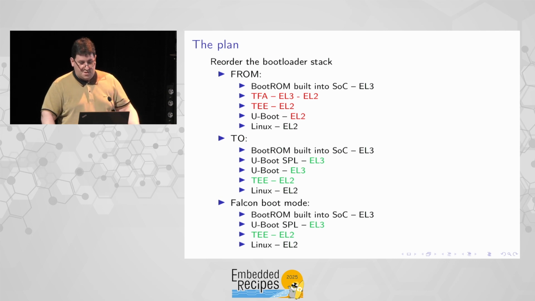Then potentially there is trusted execution environment, which provides the PSCI or SCMI services on ARMv7. Then there is U-boot, and then there is Linux. They both depend on the services from the TEE. The change I did was replace the TFA with U-boot SPL.